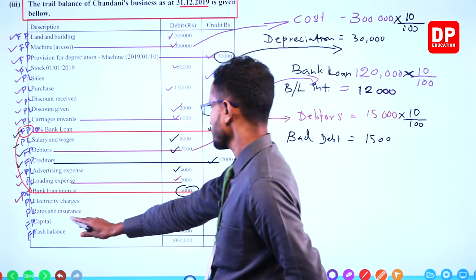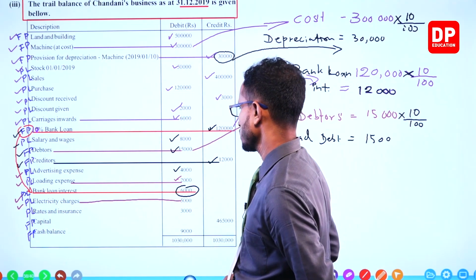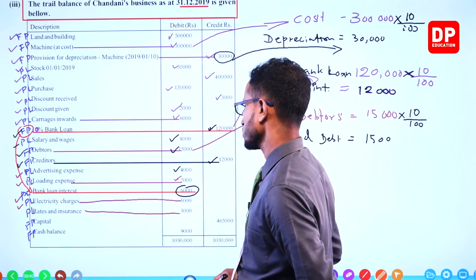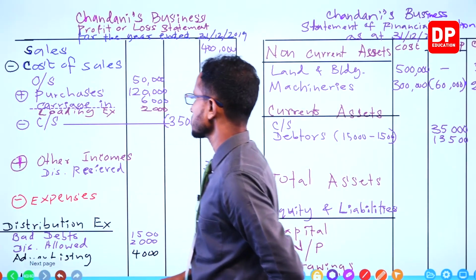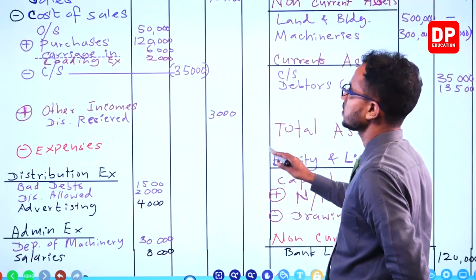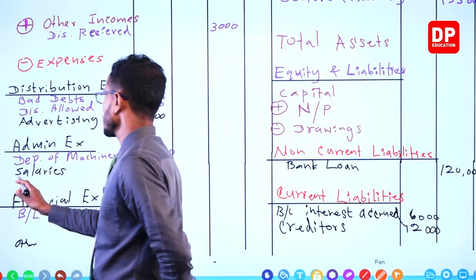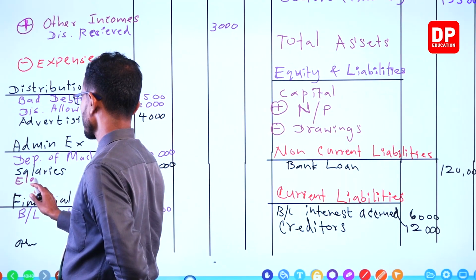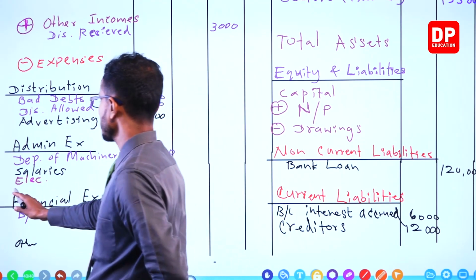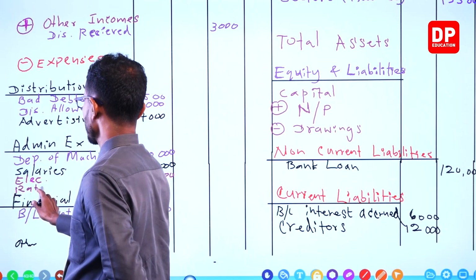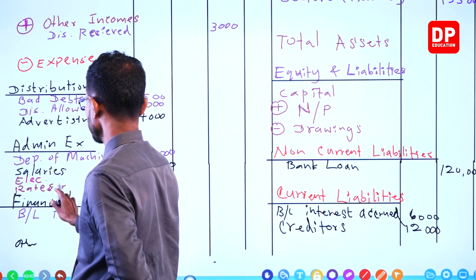Bank loan already taken, interest already taken. Electricity 5,000, rates and insurance 3,000. Both are admin expenses. Electricity 5, rates and insurance 3.